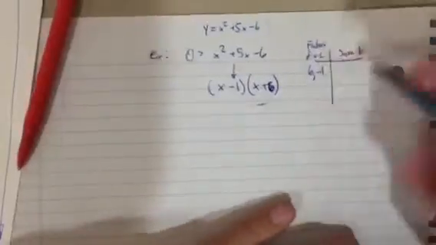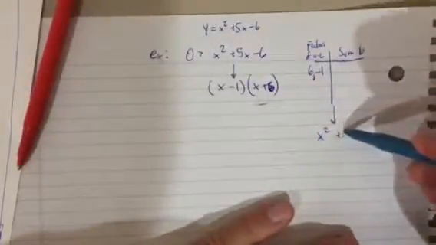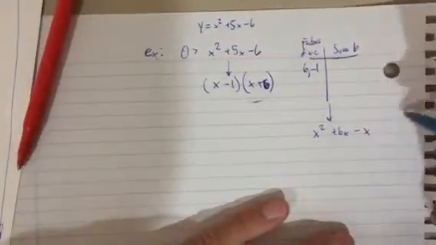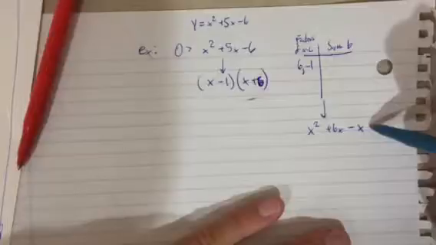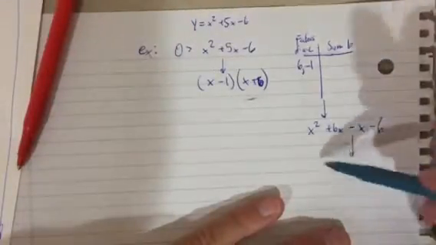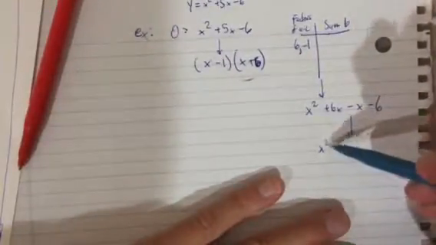And if you work this out even further, it'd be like x squared plus 6x minus x, and then you subtract 6 as well. And if you keep going further, it'll be like x squared minus x.